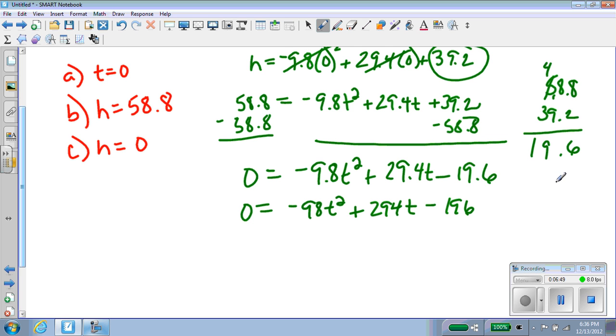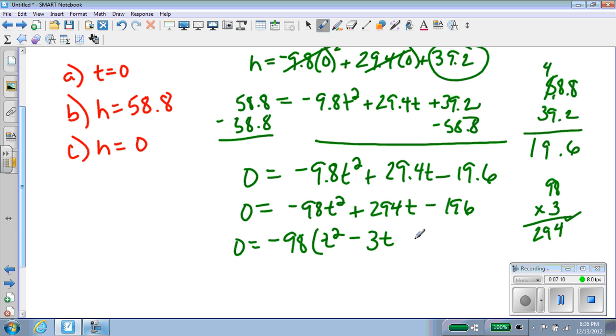And I think 98 times 3 is 294. It is. So they have a common factor, and I'm going to factor out negative 98. So I'm going to have t squared minus 3t plus 2. Wow, didn't that become a whole lot easier?